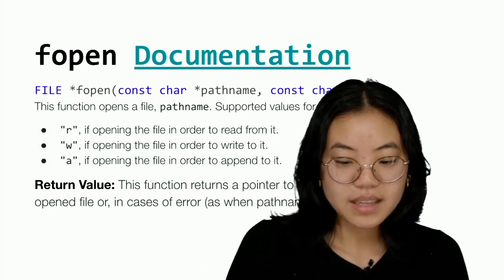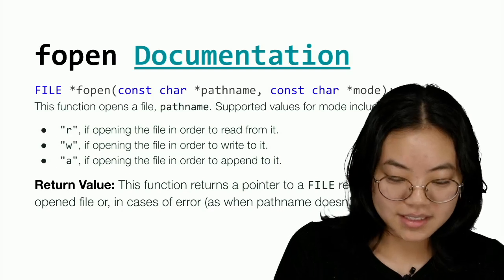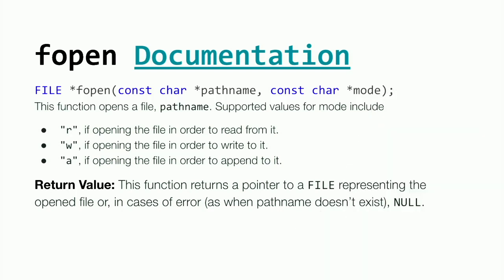It's a bit cryptic, but more or less this is saying fopen takes in these two inputs. The first input is a char *, a pointer to a character that contains the path name. In the last example, we had index.txt as that path name.